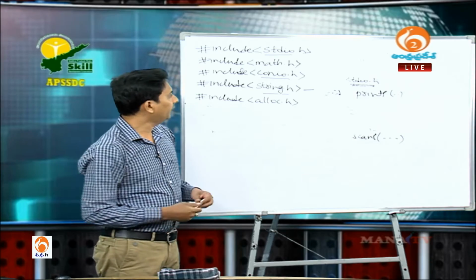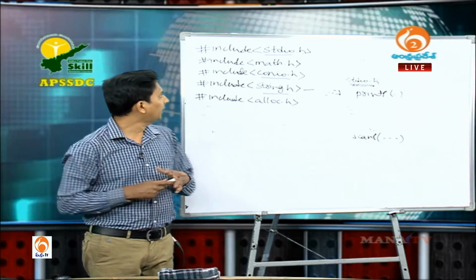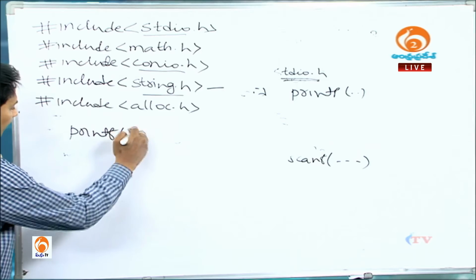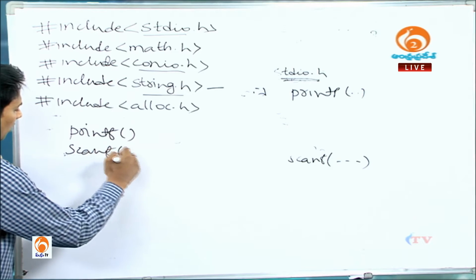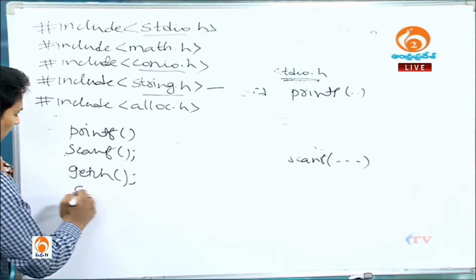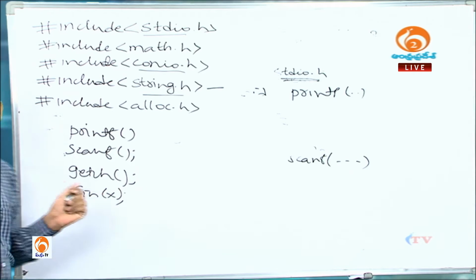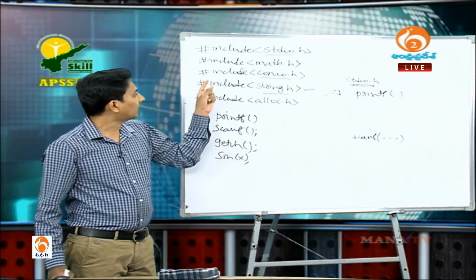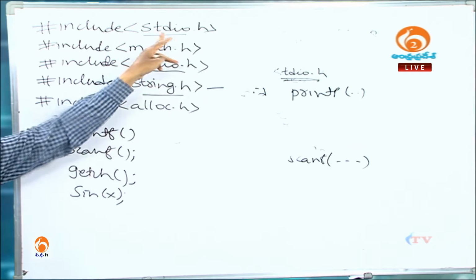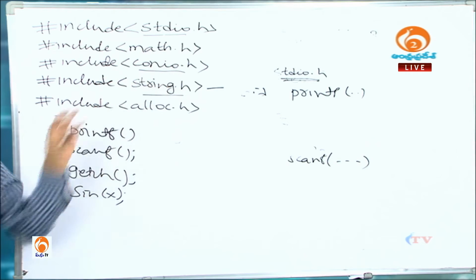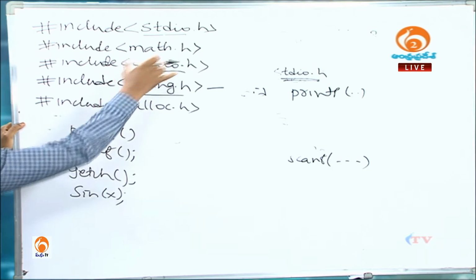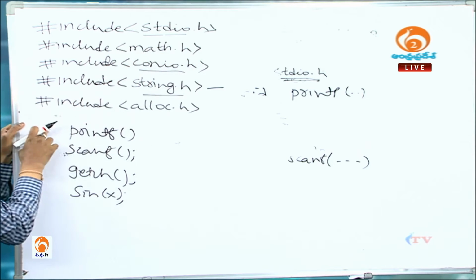So, when a predefined function is called, it may be printf, scanf or getch, the corresponding header files must be included before calling the functions, that is stdio.h, math.h, conio.h. Before calling the functions, these files are included into the current program.